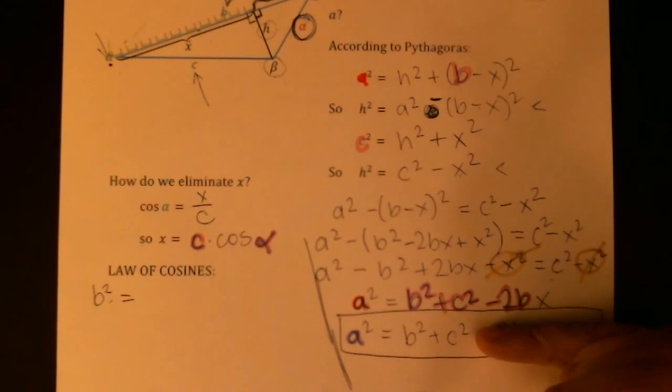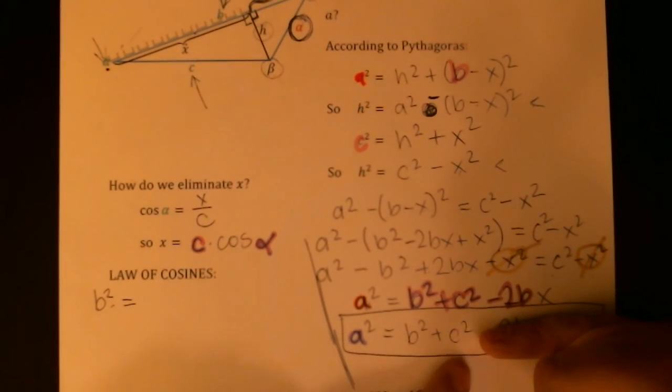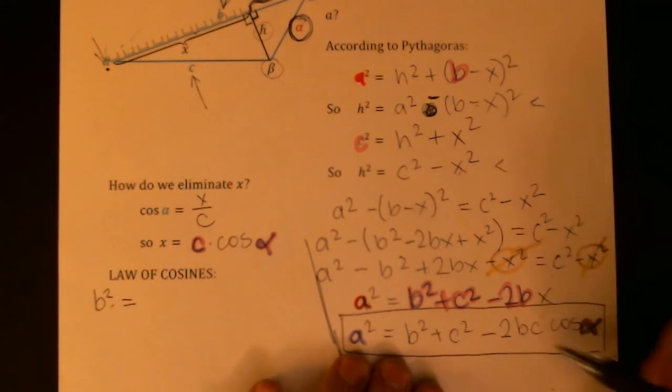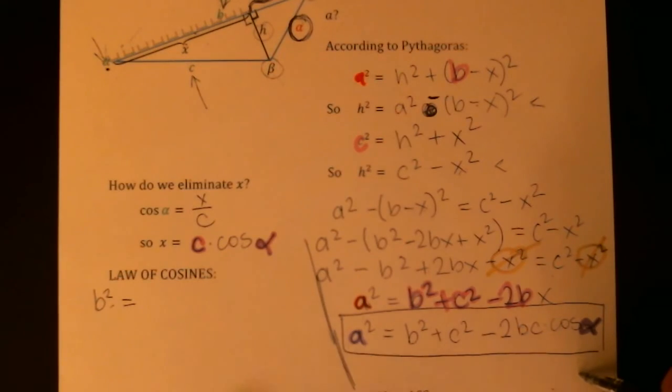And if you look at this, we've basically started with the Pythagorean theorem. So this is what the Pythagorean theorem tells us about oblique triangles. The way I look at this is it looks a lot like the Pythagorean theorem, ignoring which letters are on which side, with a correction for the fact that it's not a right triangle.